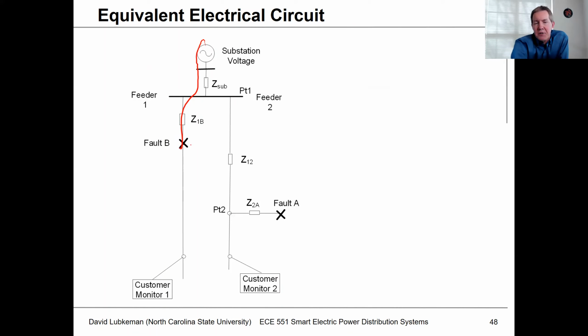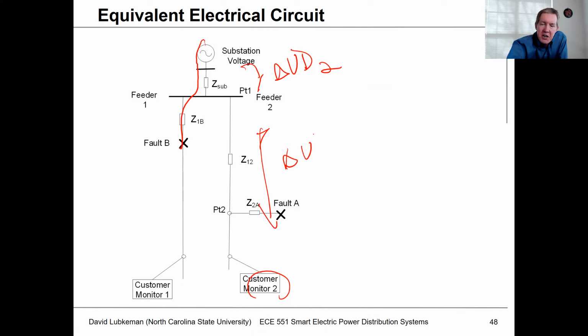During the fault, since I have a 3-phase fault here, it's just going to drive that customer monitor voltage to 0, as well as we're going to have the breaker operate to boot. On the adjacent phase for customer 2, basically what customer 2 is going to see is the voltage drop across that substation impedance. All right, so again, I'm neglecting this change in voltage that's just due to the load. I'm assuming that this is basically equal to 0.